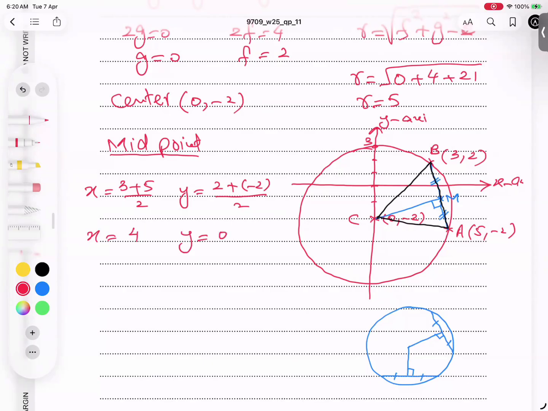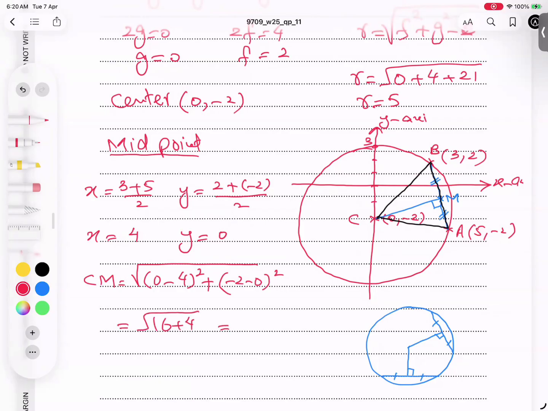So I'm finding now the distance of CM. So what is the CM distance? It is very clear. So 0 minus 4, whole square, and -2 minus 0, whole square. So 16 plus 4, 20.